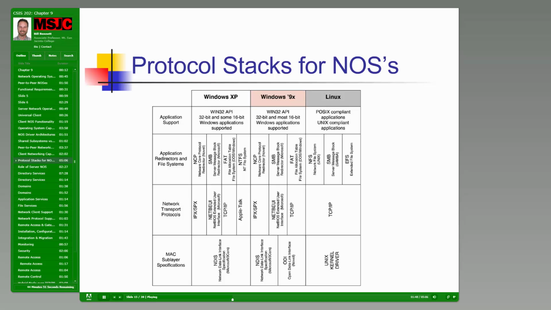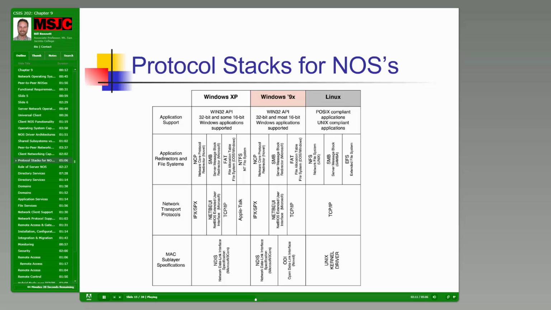In the 9X environment, you'll see that you don't have any support for NTFS. So if you do have older machines running older operating systems from the 9X era, then you need to consider that if you're going to be exchanging hard drives perhaps from one system to another. You can upgrade. You can take FAT and you can upgrade it to NTFS, but you can't take an NTFS and downgrade it back to FAT.